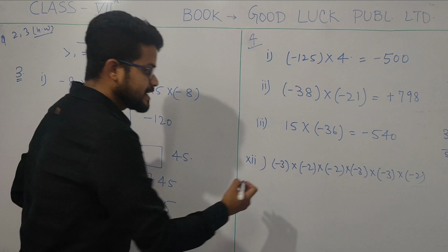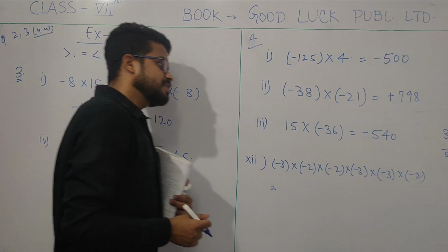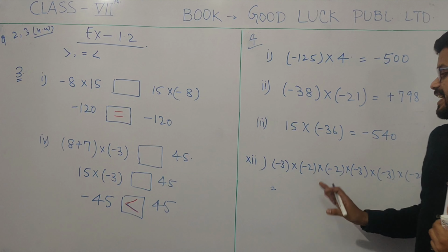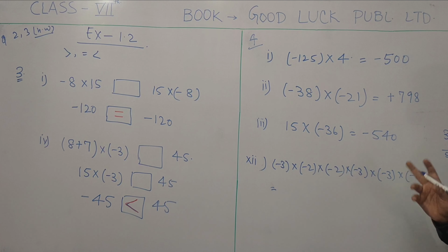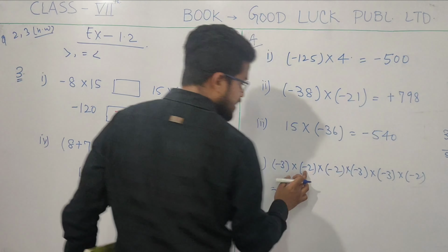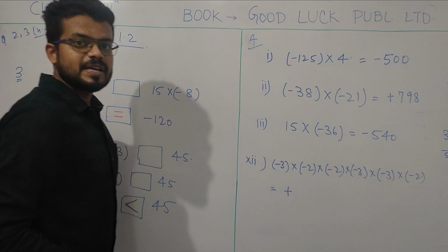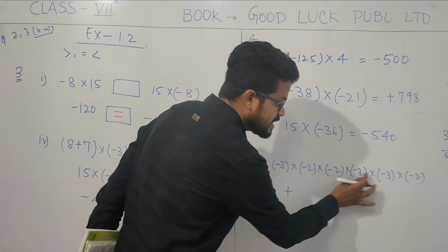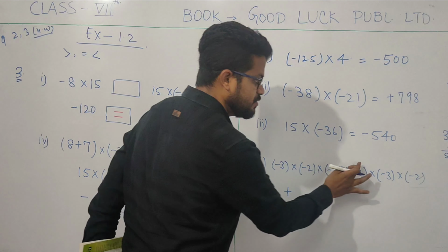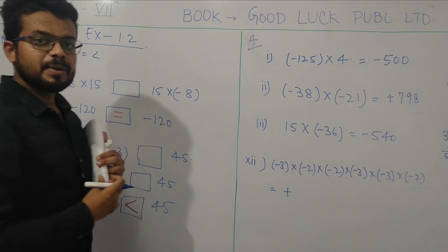Here 6 number of times negative is repeated. And previously I said if there is an even number of signs, the product is positive. So I write here simply plus.